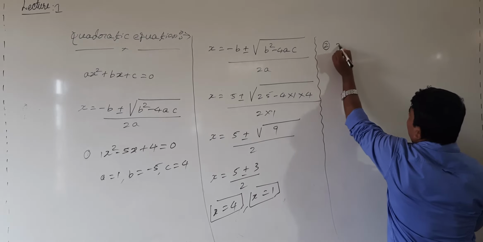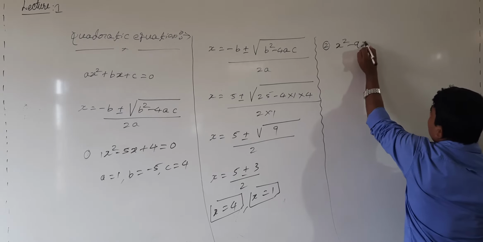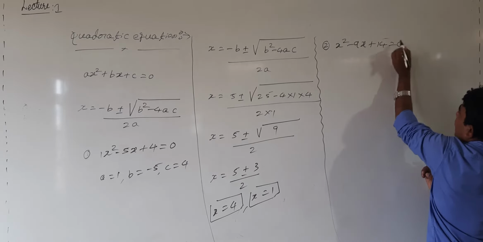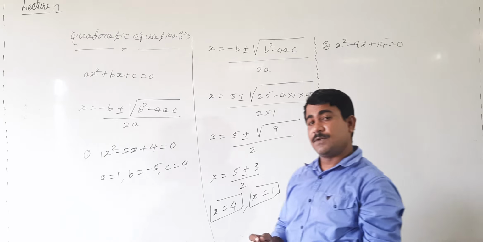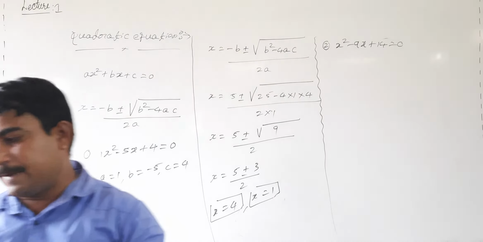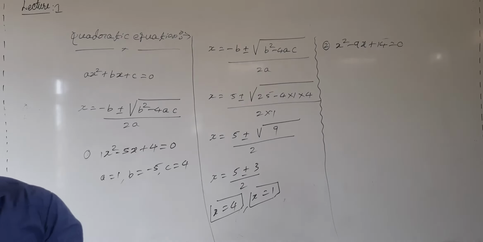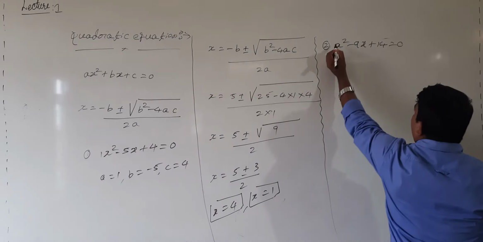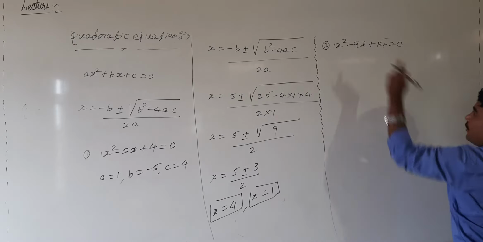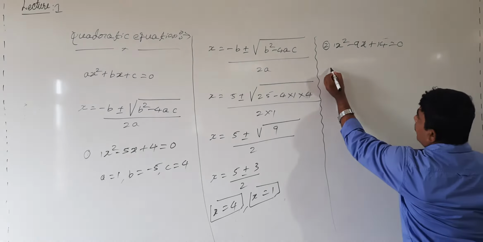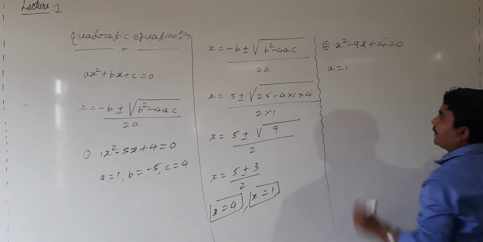Second example is x square minus 9x plus 14 equal to 0, which is of the form ax square plus bx plus c. See here, students. Again here a equal to 1, b equal to minus 9, c equal to 14.